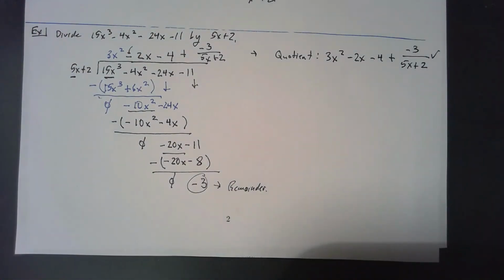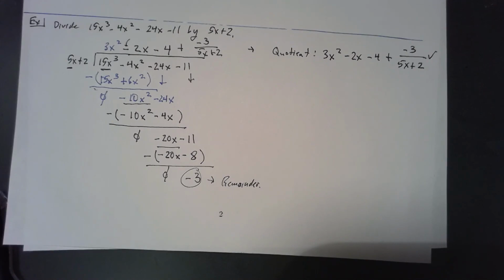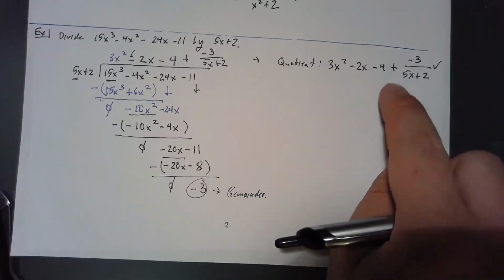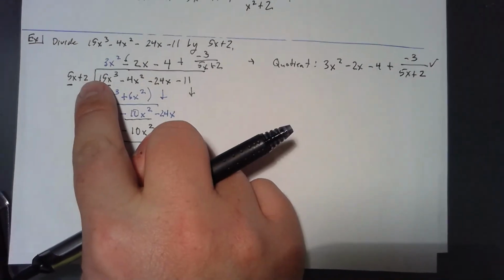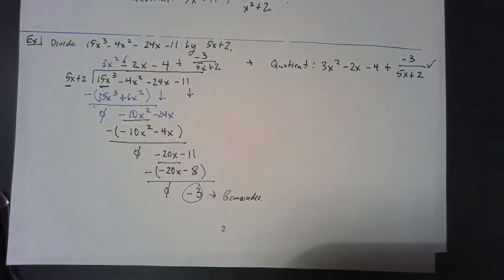That's it. In other words, if I multiply this by 5x plus 2, I'm going to get that polynomial, because the opposite of division is multiplication.